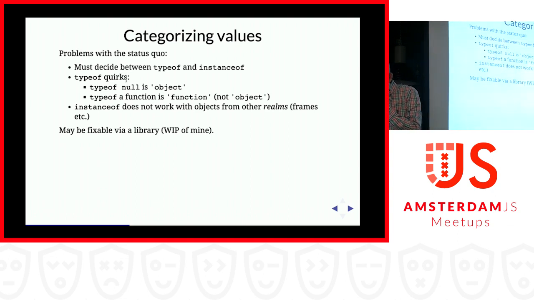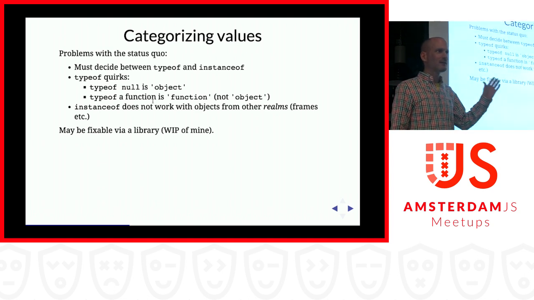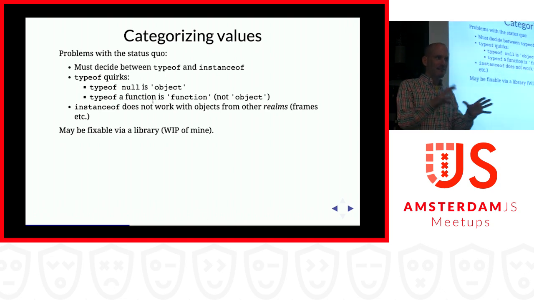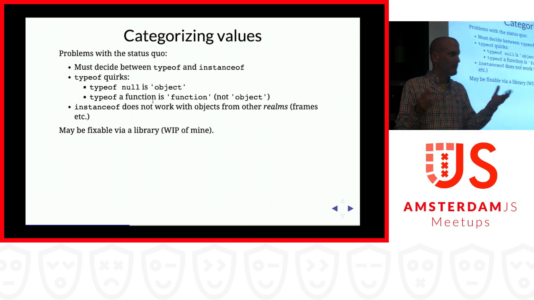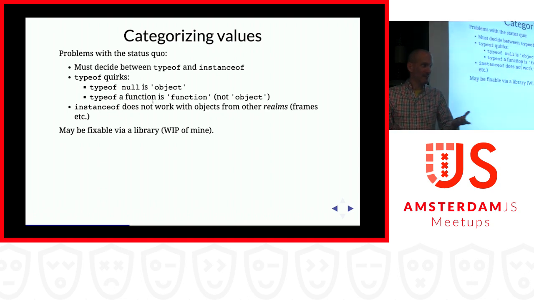With typeof, typeof null is object. For ECMAScript 6 or maybe after, they actually tried to fix that bug. They fixed it in a Canary browser, and it broke too much software on the web, so they couldn't eliminate the bug, and it had to stay.